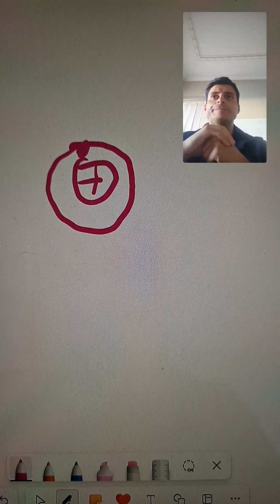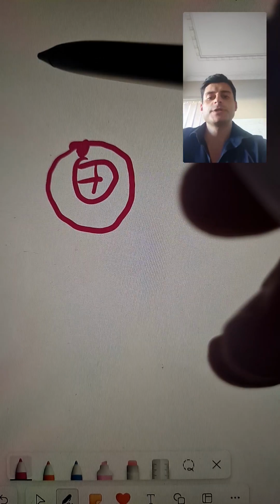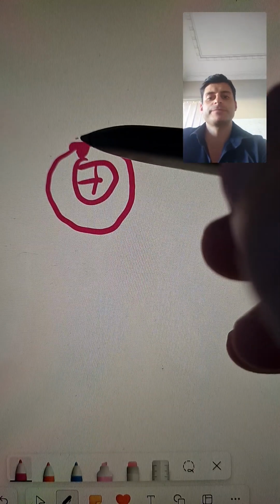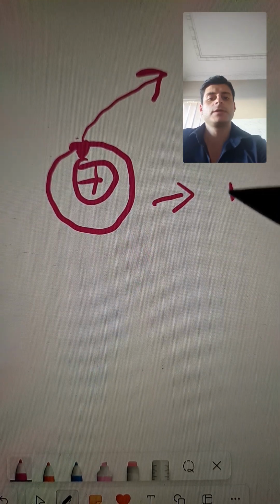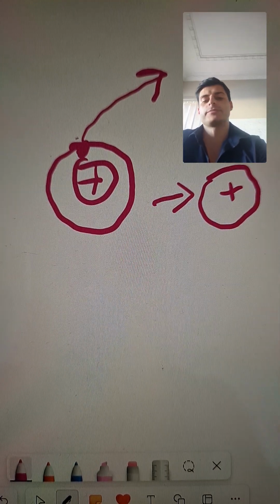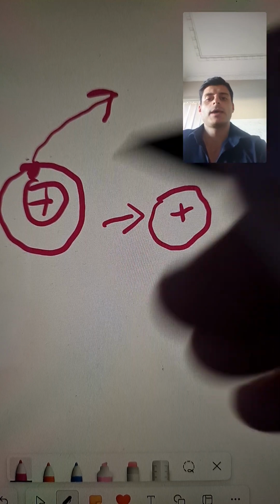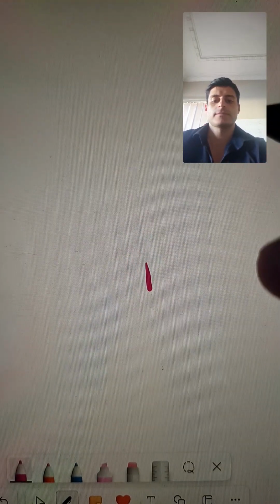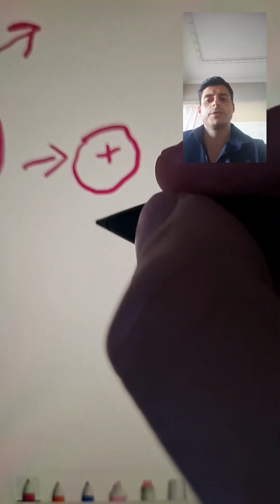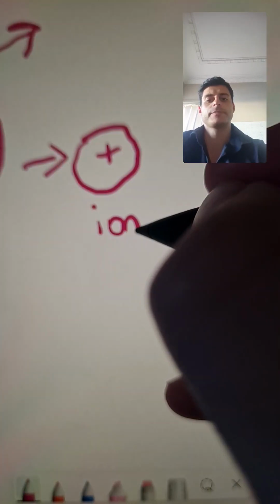Okay, they want to be stable. The hydrogen, it's best for it to lose its electron. Okay, when it loses its electron, you're left with what's called the proton. And this is what we call an ion, a hydrogen ion.